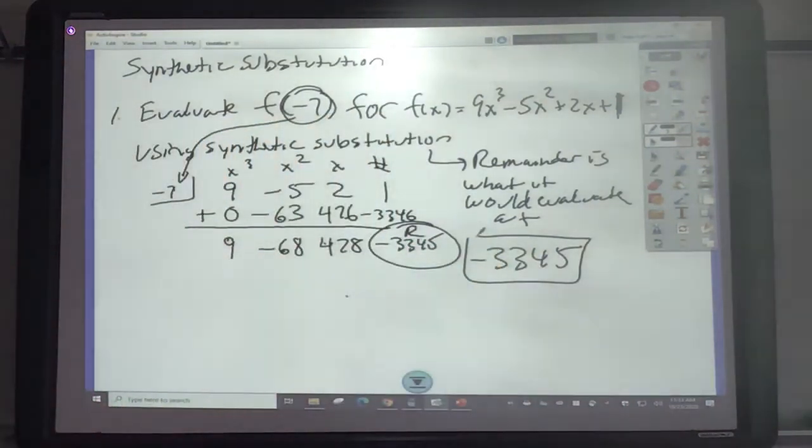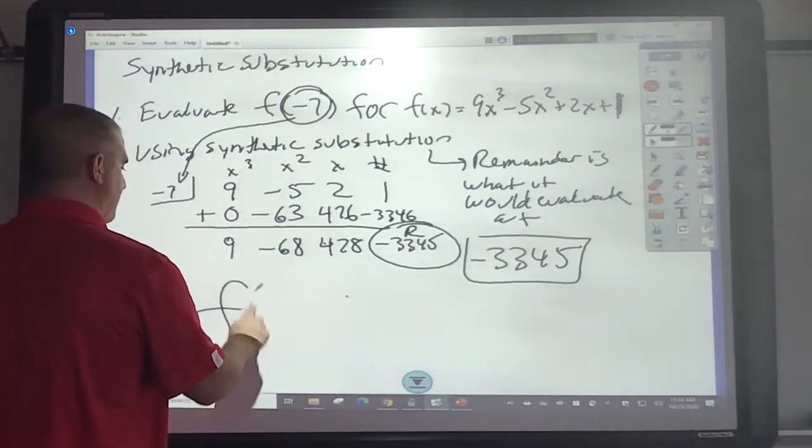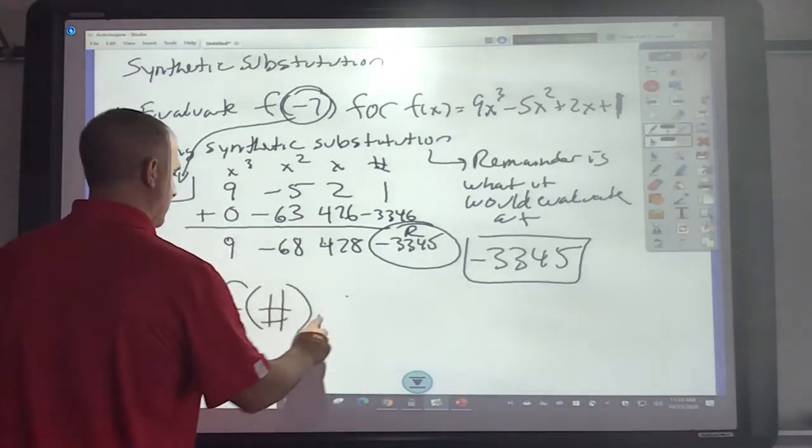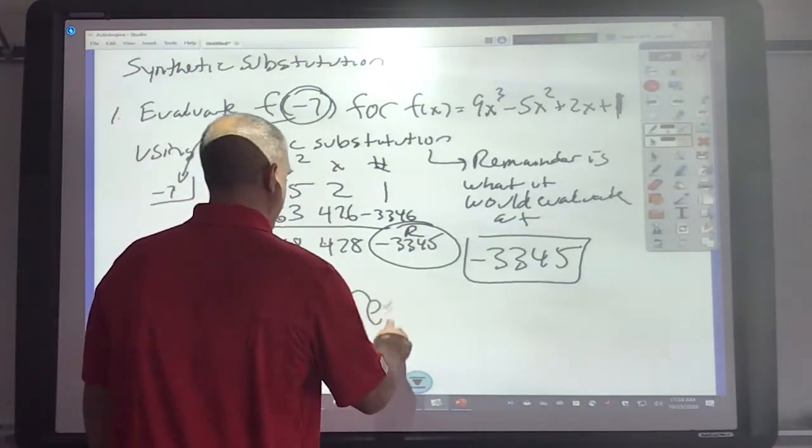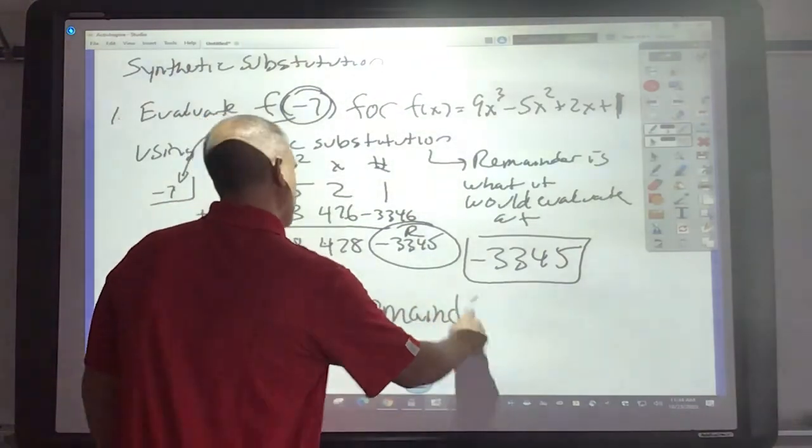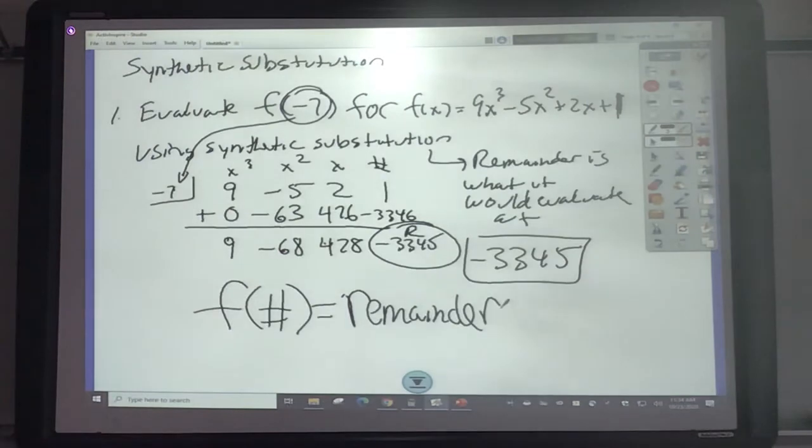So that is another interesting property. So basically what it means is f of a number will equal the remainder. Okay? So that's something that you could apply in here.